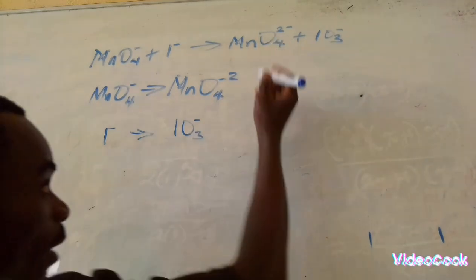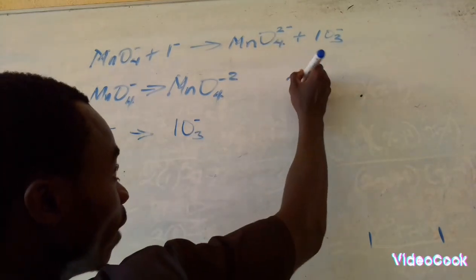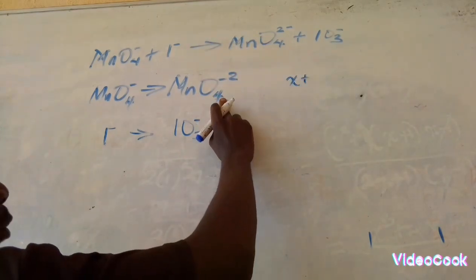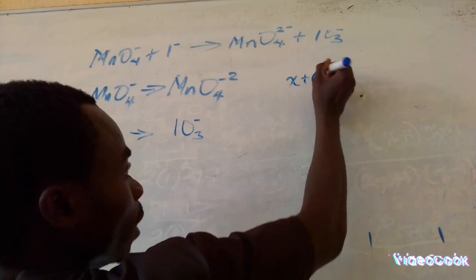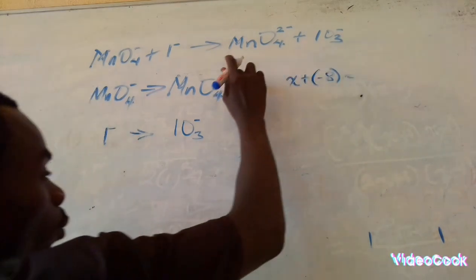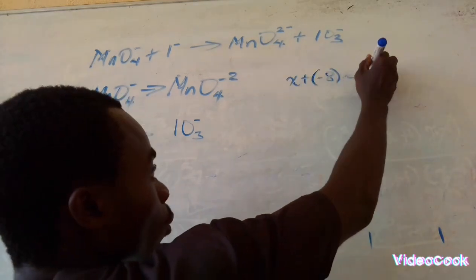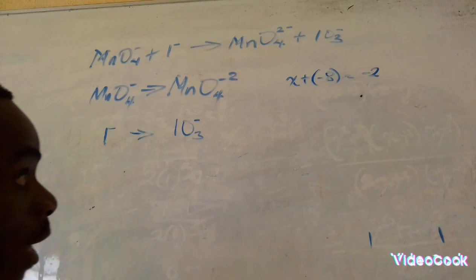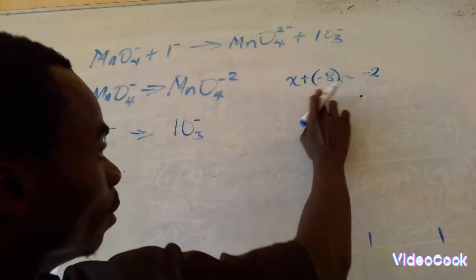All right. Okay, let's demonstrate this. So we have x, representing the charge on Mn, plus this 4 times 2, which gives you negative 8. The sign follows. It's equal to the negative 2. So here we have negative 8.